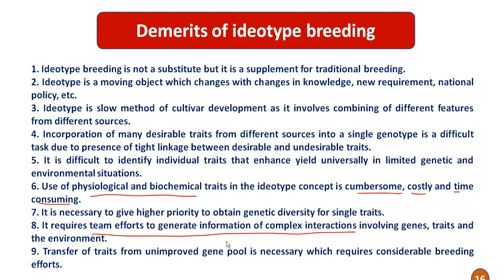Then transfer of traits from an unimproved gene pool is necessary, which requires considerable breeding effort. These unimproved gene pools are sometimes wild or weedy forms or other forms of genotypes, and transferring characters from such an unimproved gene pool is very cumbersome. This is again a limitation or demerit of ideotype breeding.